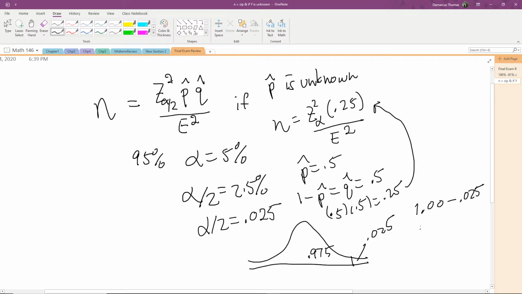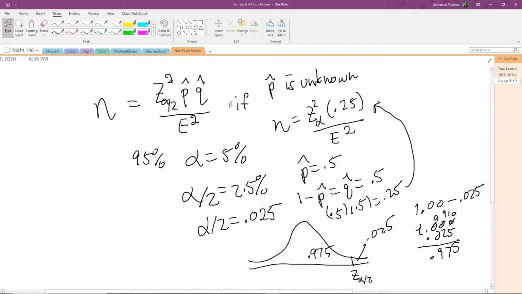And when you line that up, you're getting this. So we need to get that z critical value from inverse norm.